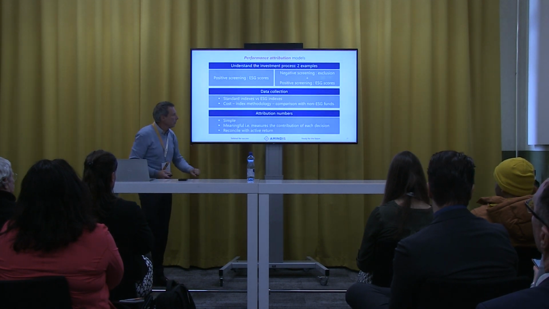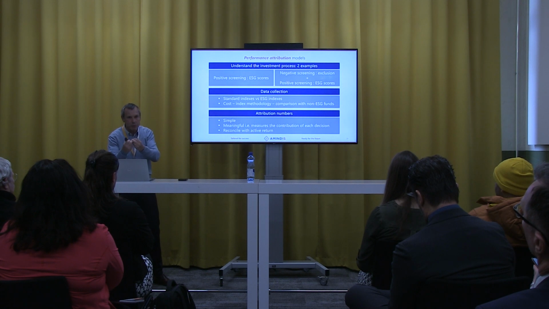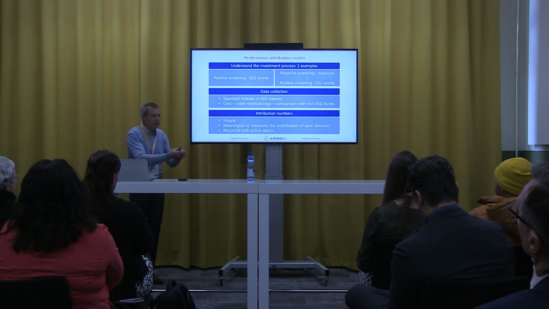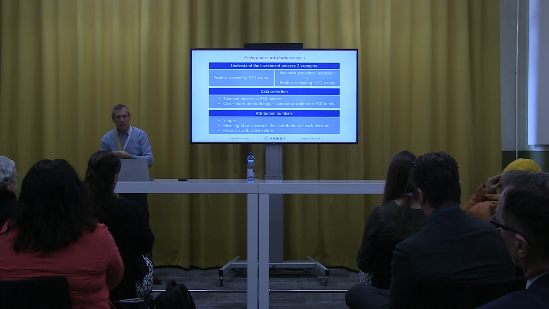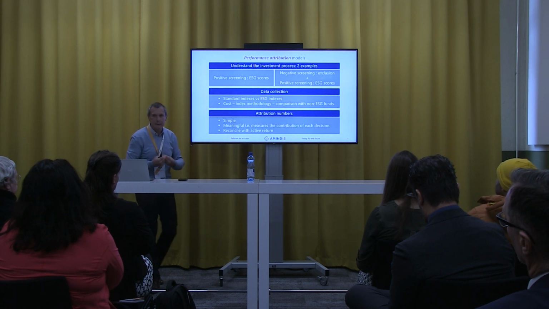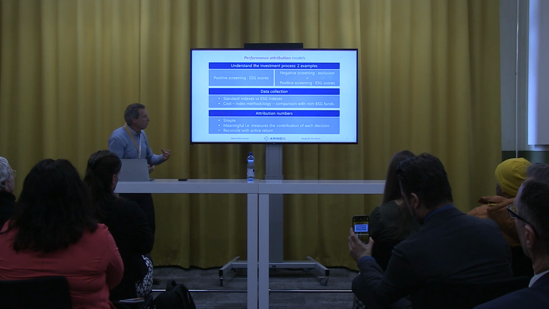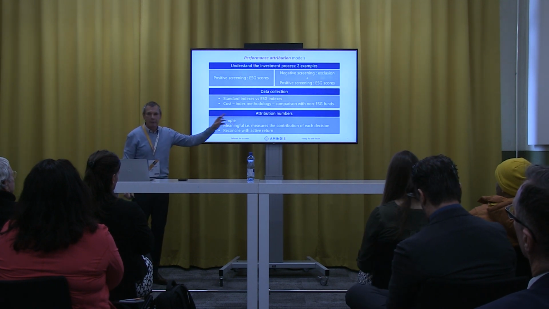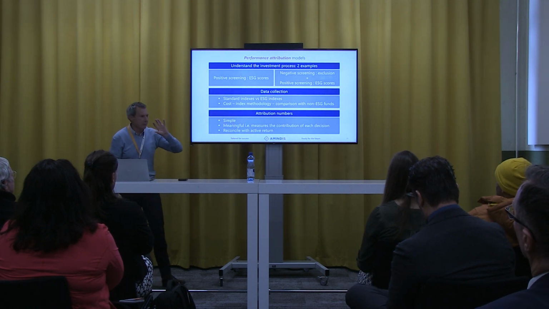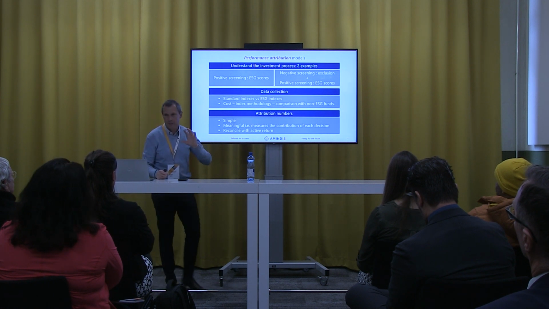So the attribution number, when we measure what I have explained: the impact of ESG strategy, the impact of tactical asset allocation, the impact of conviction stock picking. When I want to measure all that, I want something that is simple, that everyone understands.